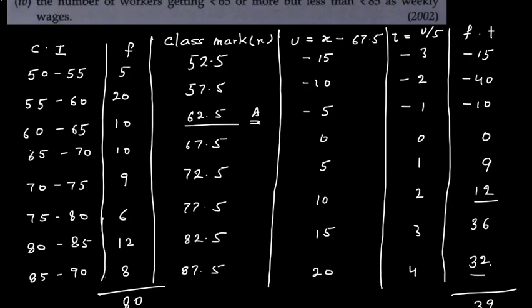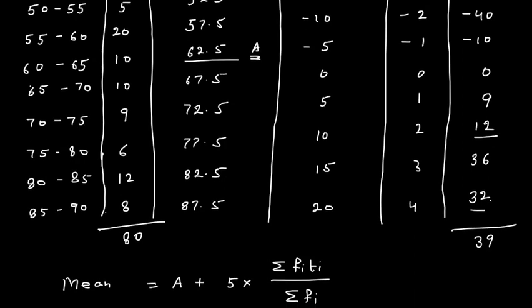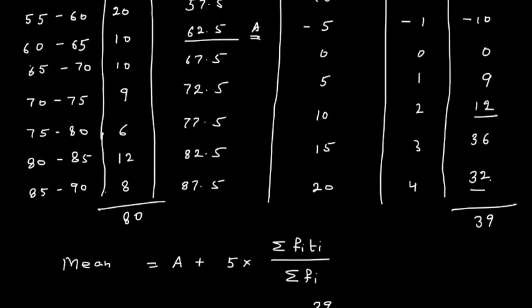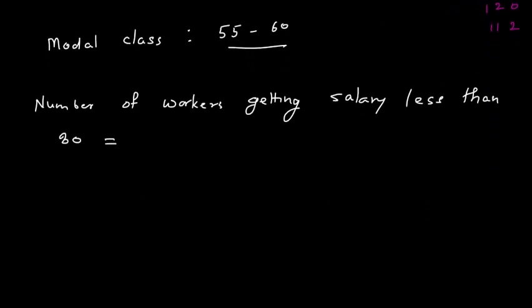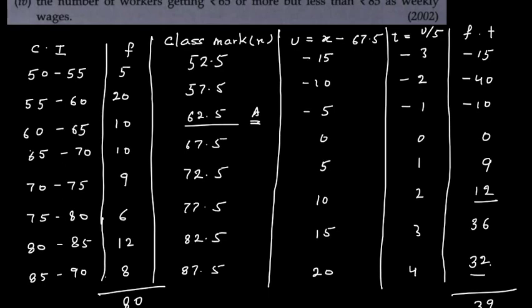Okay, so now the number of workers who are getting salary less than 80, the frequency is 5, 20, 10, 10, 9 and 6. This is 5 plus 20 plus 10 plus 10 plus 9 plus 6. Okay, let us again once see 5, 20, 10, 10, 9, 6.